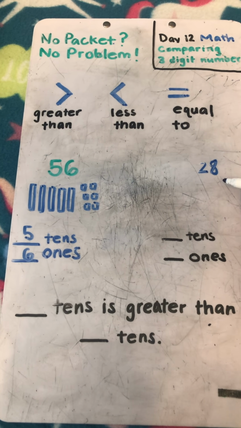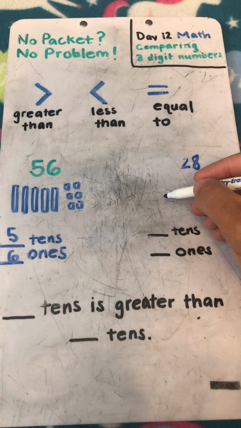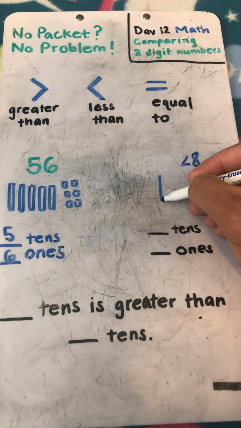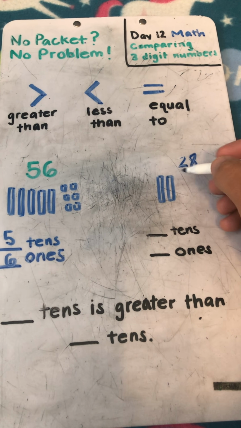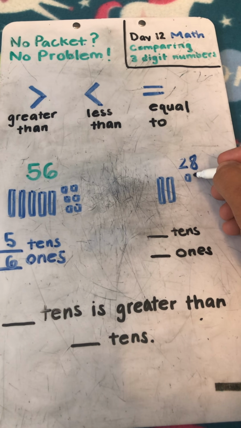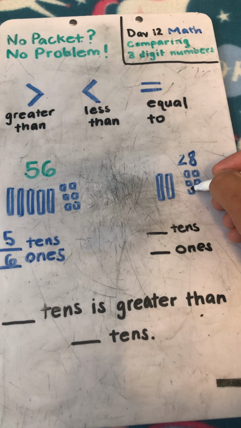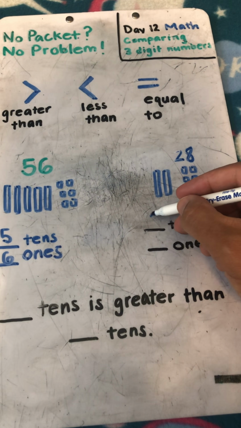When I look at the values for 28, how many tens would I need? You got it. I need 2 tens. And I need 8 ones. And again, I'll fill in that information here.